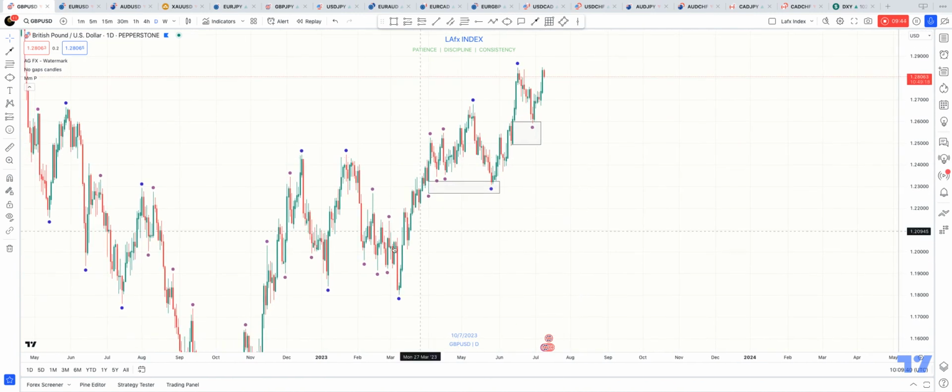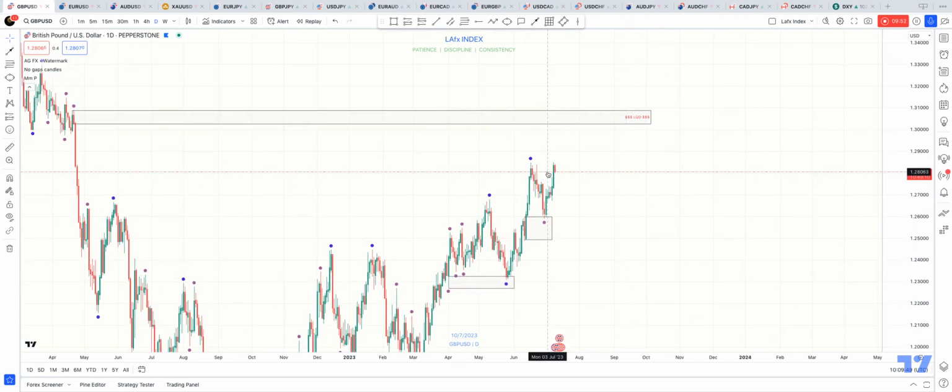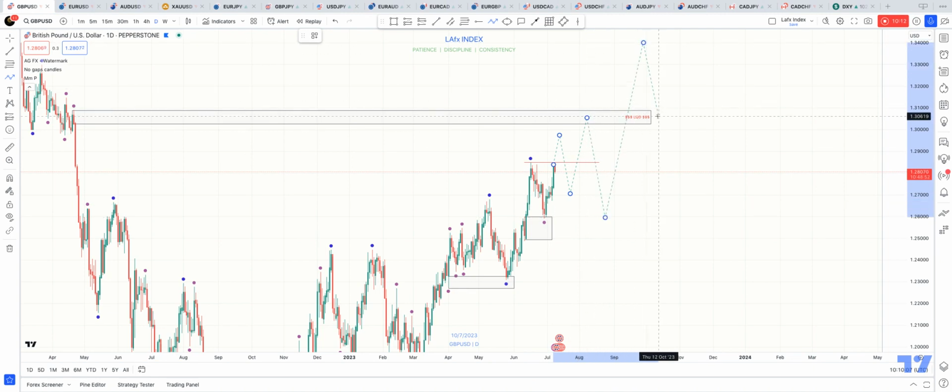As you can see, we have some sort of accumulation here. Now price respects this, goes back up, comes down, respects demand. So what I would expect is that price will take this high, come down, respect some sort of demand, right?